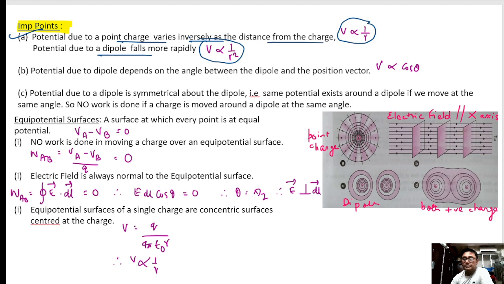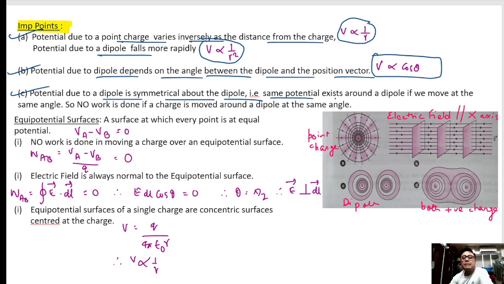Second, potential due to a dipole depends on the angle between the dipole and the position vector. Definitely V is proportional to cos theta. Potential due to a dipole is symmetrical about the dipole. That is, same potential exists around the dipole.